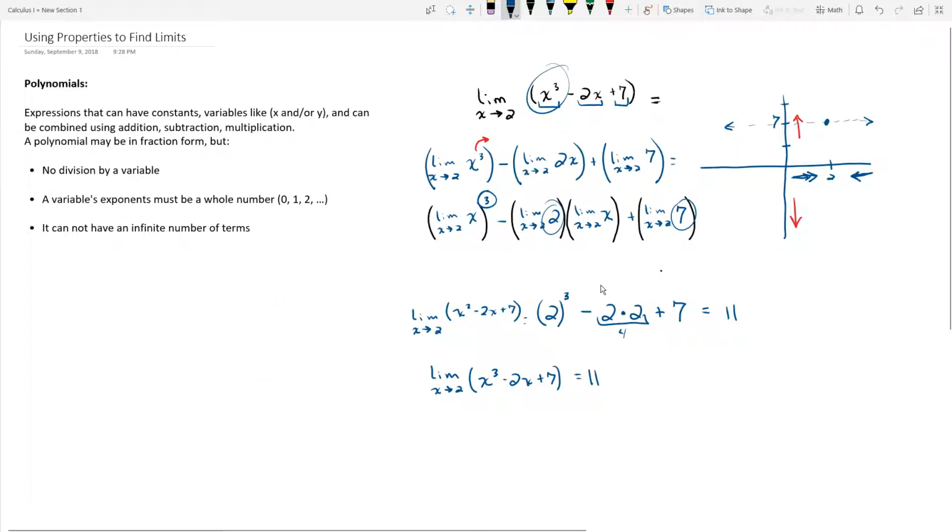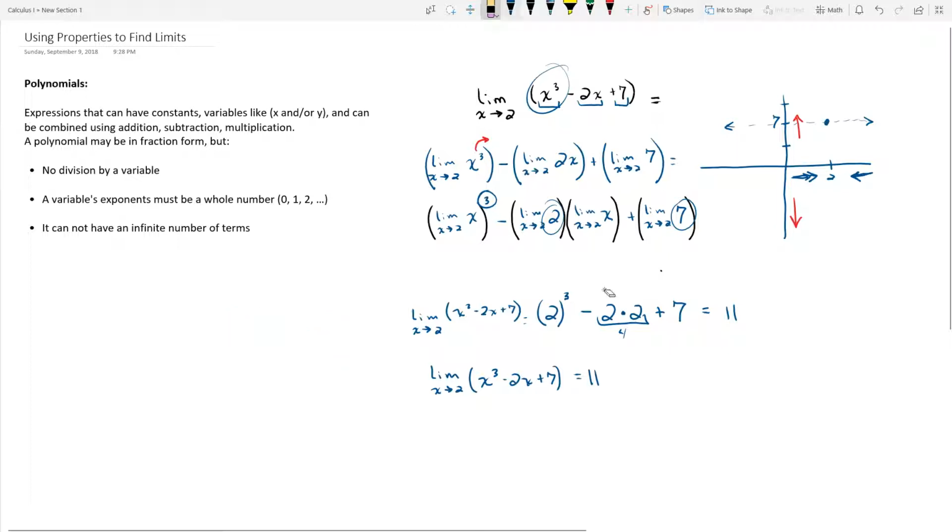Also, exponents must be whole numbers. So if you have a term of 3x to the negative 1, well, that is no longer a polynomial. In fact, that can also be expressed as 3 over x. And again, we have a variable then in the denominator, and that is no longer a polynomial.